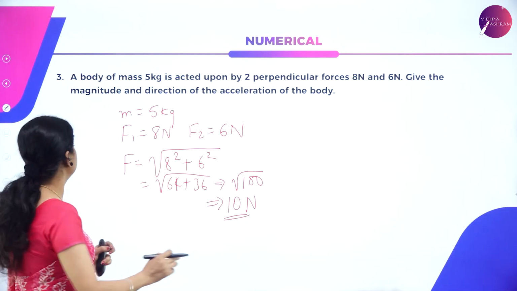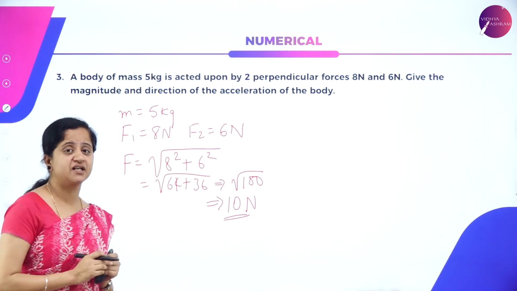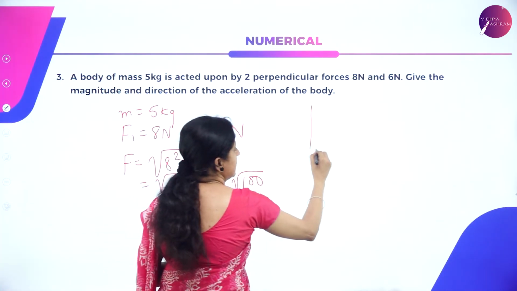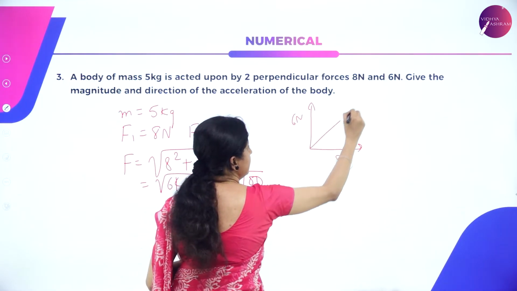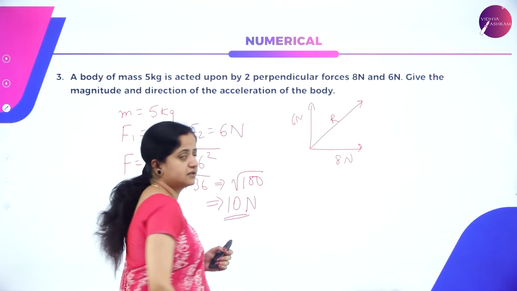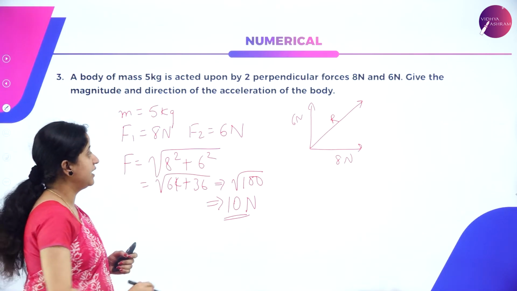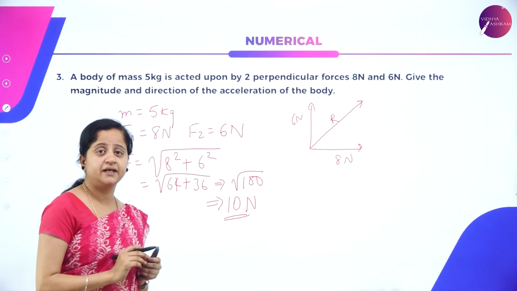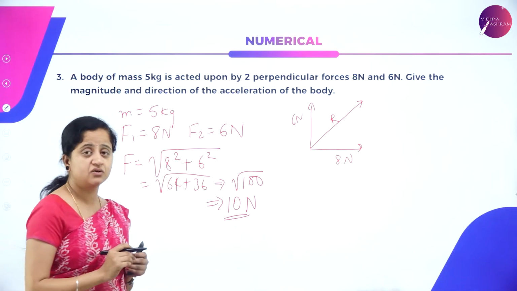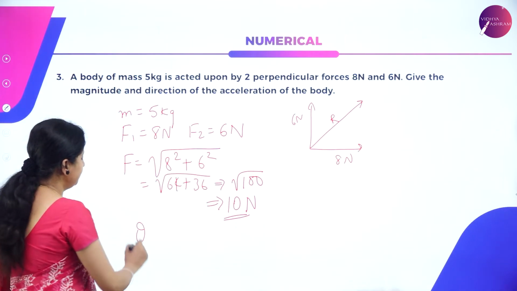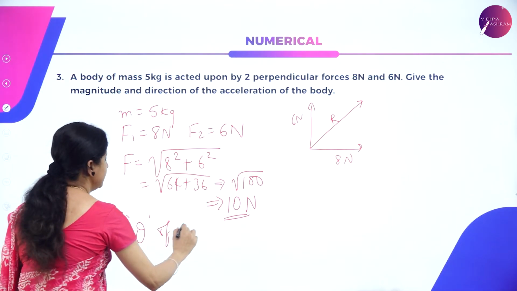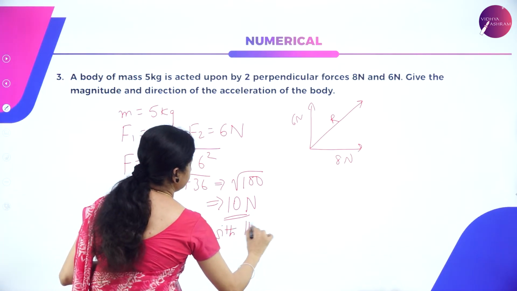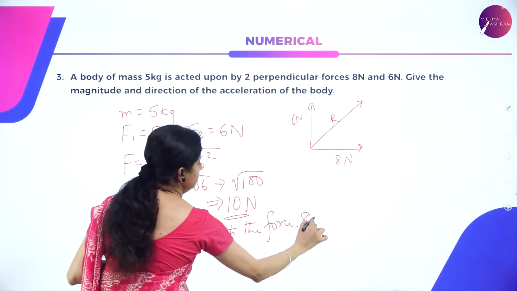Now we have to find out the magnitude and direction of the acceleration of the body. Here the two forces acting are 8 Newton and 6 Newton, and the acceleration of the body is, say for example, R. So we have to find out the direction of acceleration as well. Say for example, theta is the direction of R with the force 8 Newton.